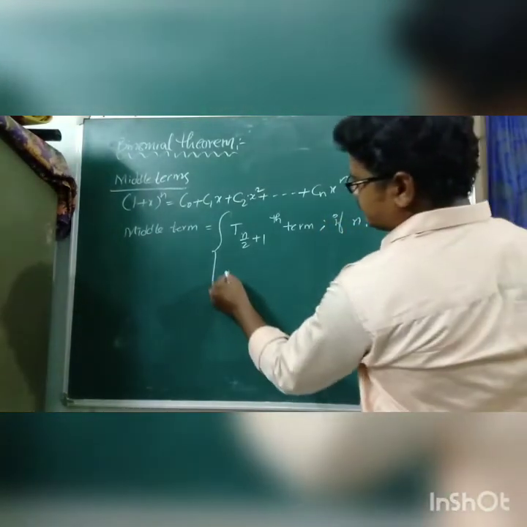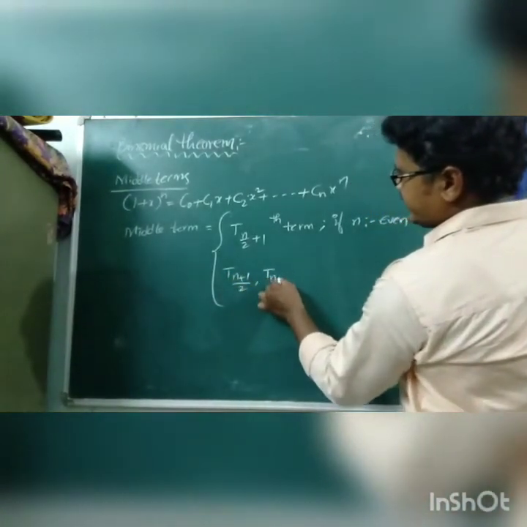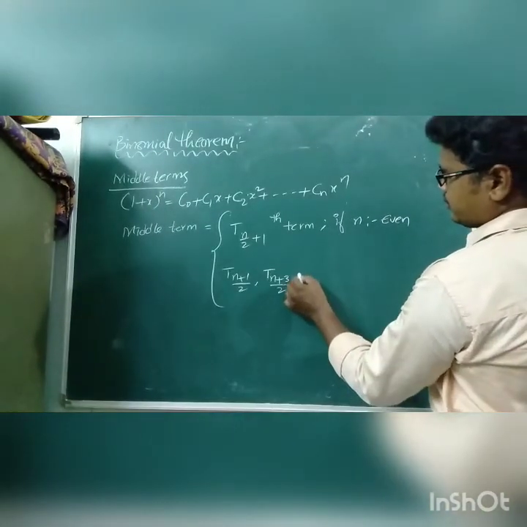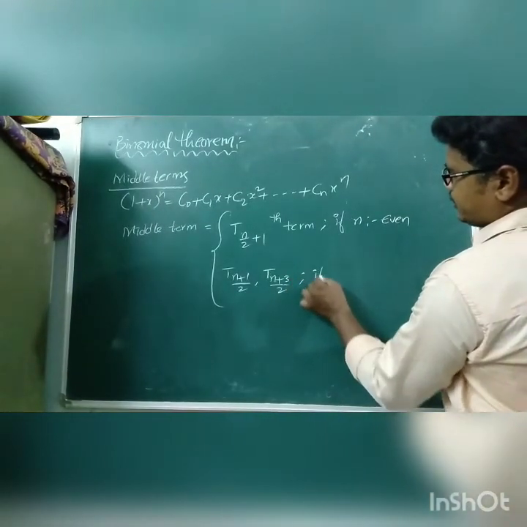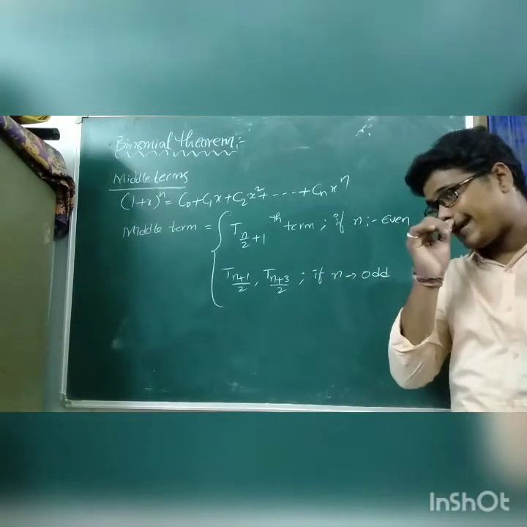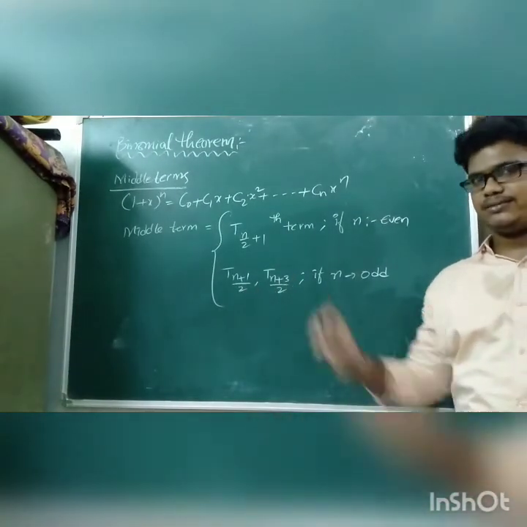Next, T((n+1)/2) and T((n+3)/2) if n is odd. Here we conclude that if n is an odd number, we get two middle terms and they both are equal to each other.